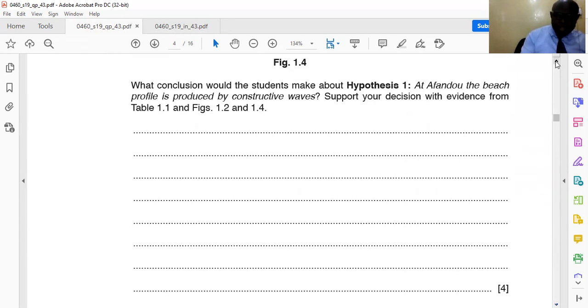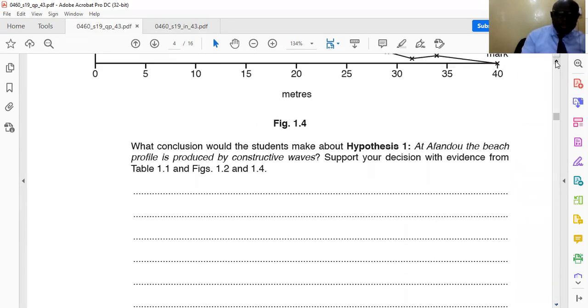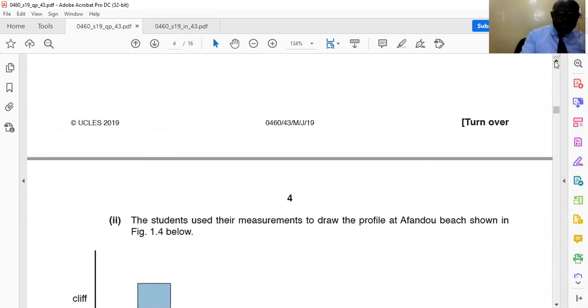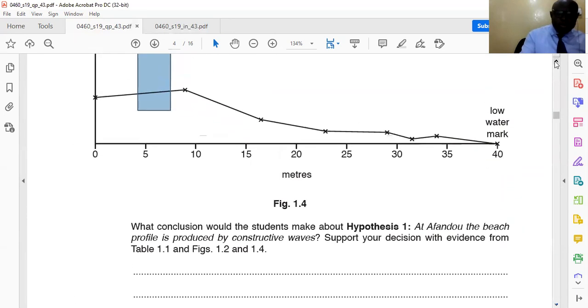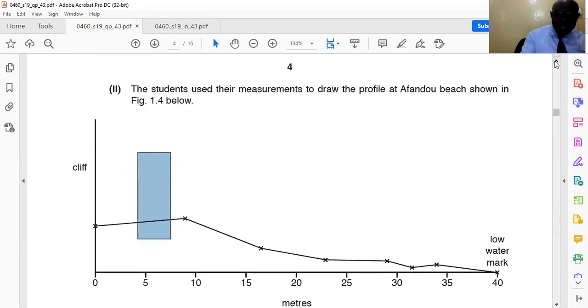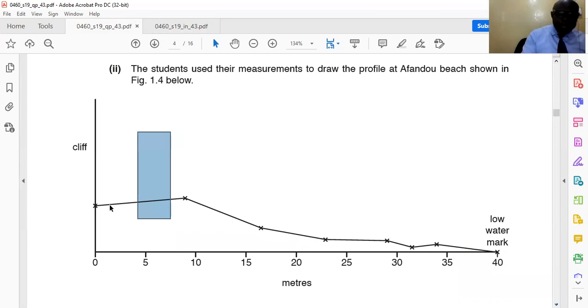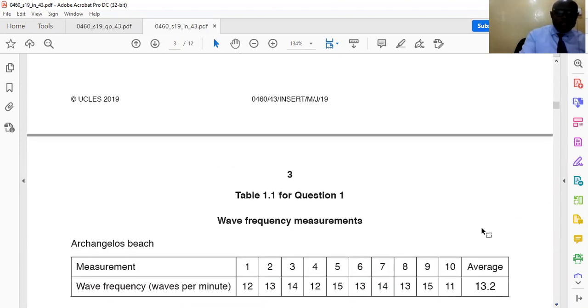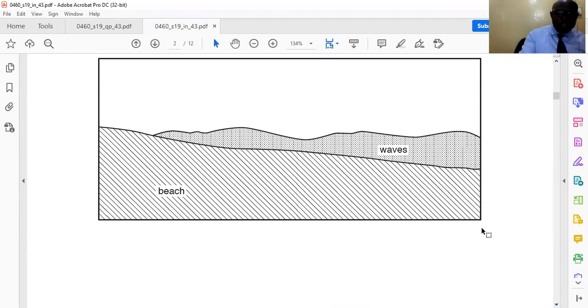It says we support with evidence from table 1.1, 1.2, and figure 1.4. Which figure is this one? This is 1.4. So what evidence is here? The shape. Look at the shape. If you look at it, it's closer to that of a constructive wave. Then from here is 7.3, that's the average frequency.